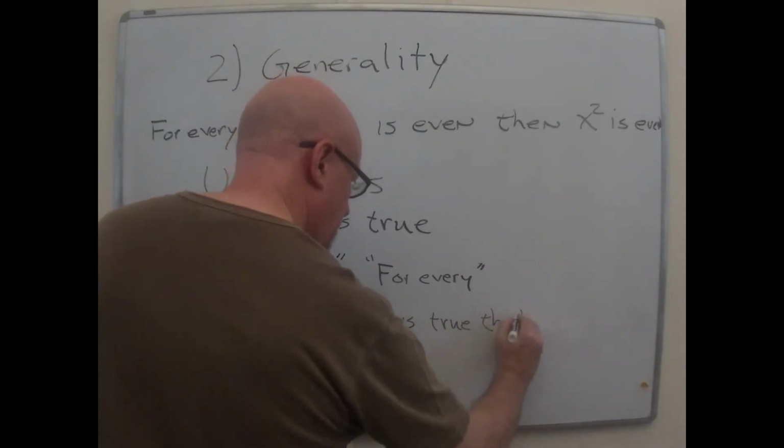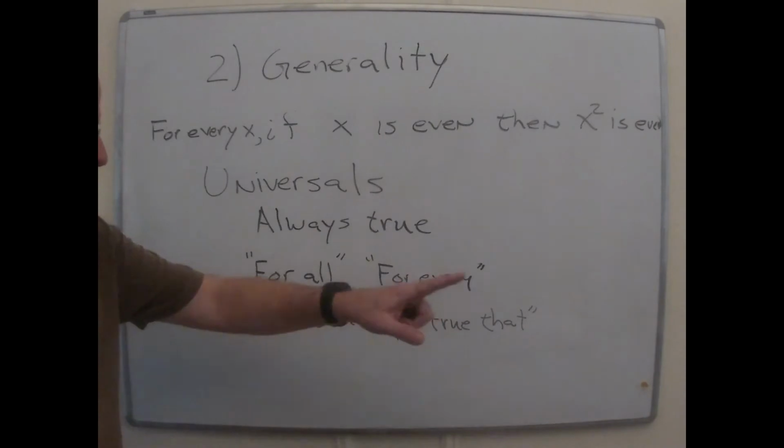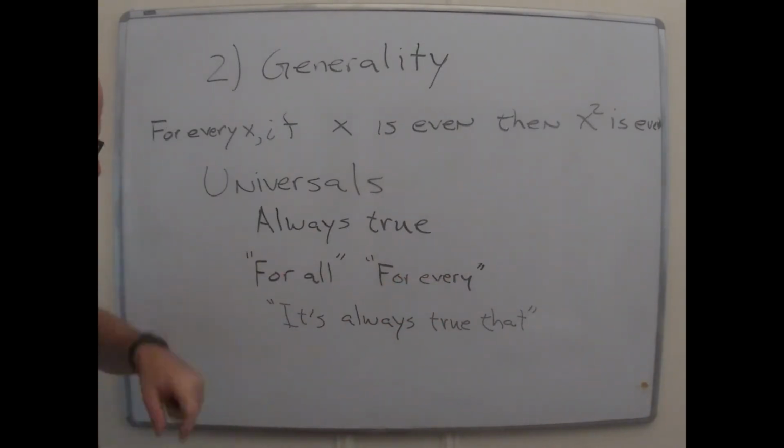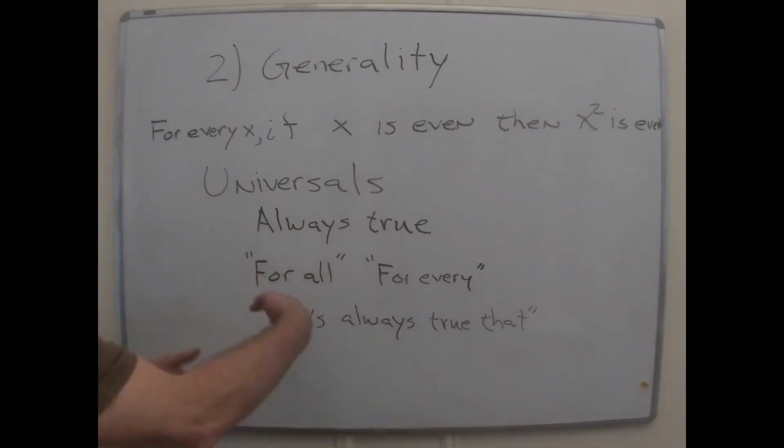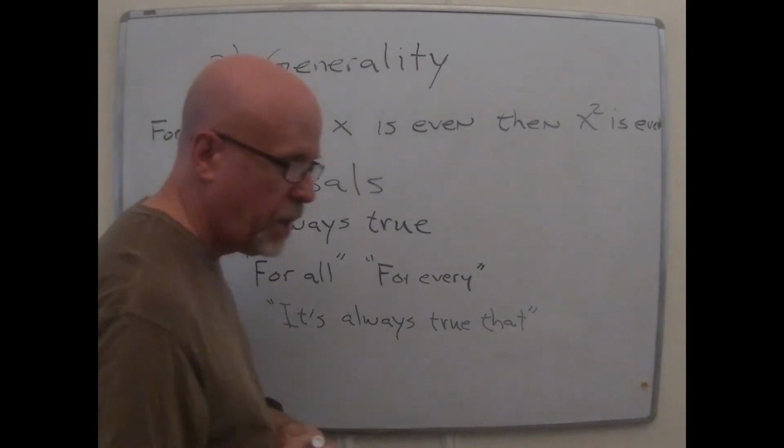I just said it differently than I wrote it, so you sort of got 2 for 1. It's always the case that, or it's always true that. Those are sort of synonymous. In fact, all of these are synonyms. They're just English phrases that let you know, hey, this thing is an always true sentence, not a sometimes true sentence.